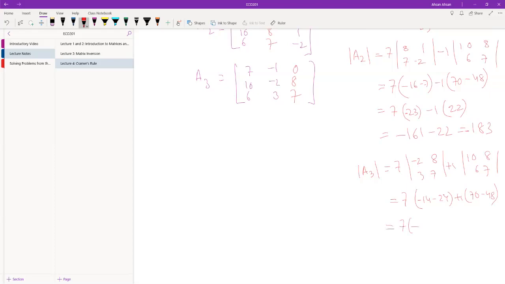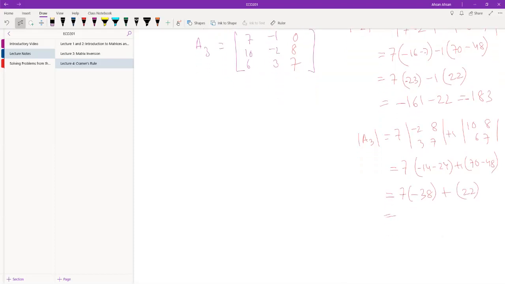So 7 minus 38 plus 66. So this gives us 244.